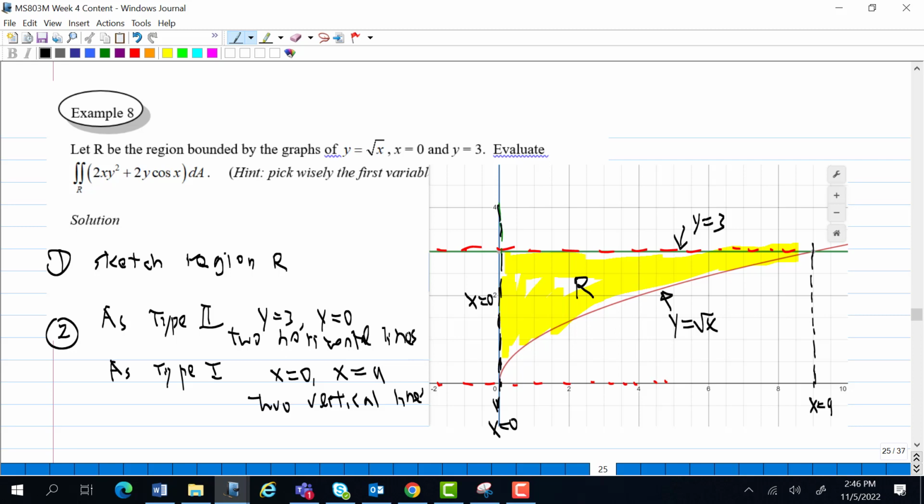So for the integral, type 2 and type 1, when I do this, you have this choice. That means I integrate this function f of xy as type 2, you should change the dA to dx dy.